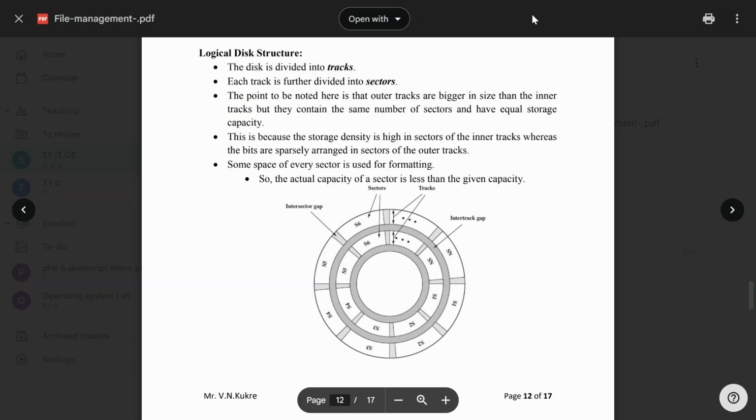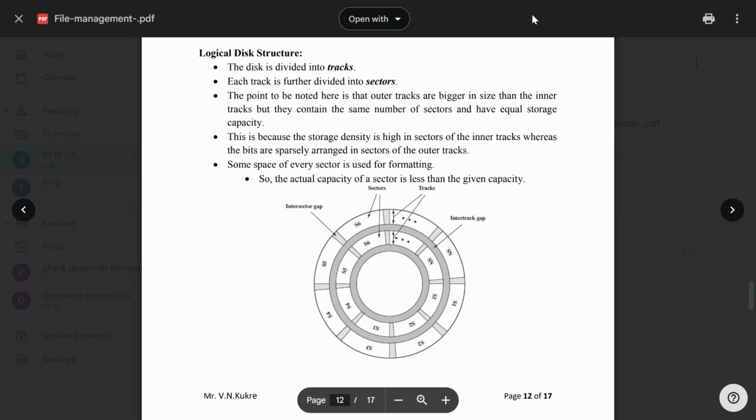This is because the storage density is high in sectors of the inner tracks, whereas the bits are sparsely arranged in sectors of the outer tracks.